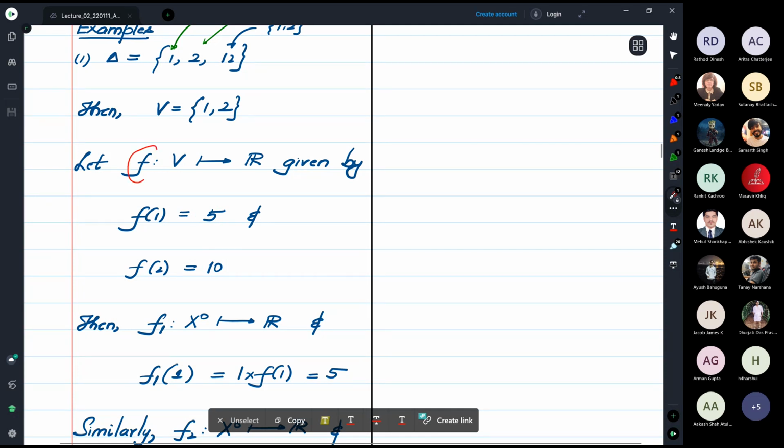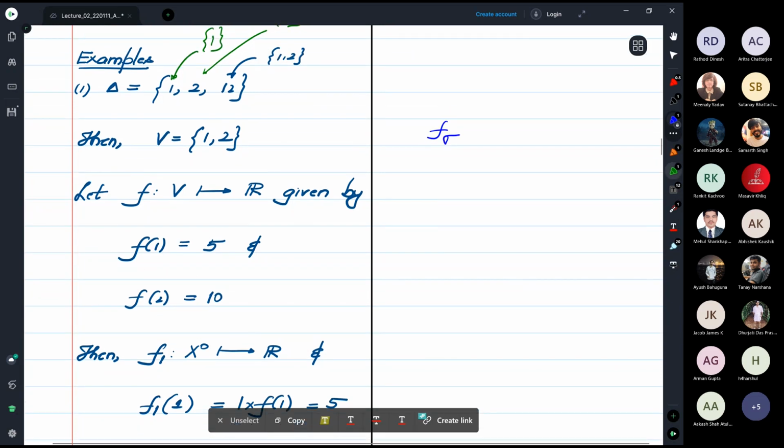Now let's see how this function f induces these different f sigmas. Notice that this simplicial complex includes three faces: {1}, {2}, and {1,2}. So we have to identify f_1, f_2, and f_12.